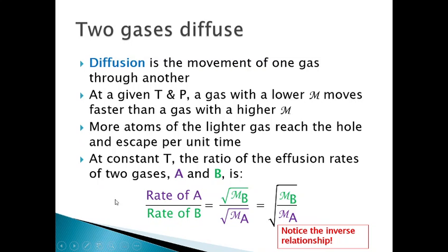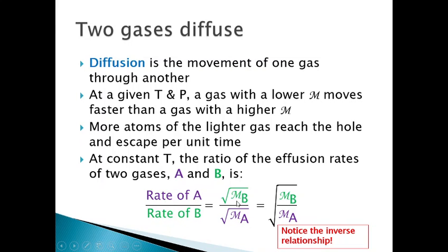By that I mean rate of A, and again, A and B, these are just arbitrary assignments. I don't care what gas A is and what B is, it more or less depends on what ratio you're looking at. And so in this case, rate A is on top, rate B is on the bottom. And so whenever you start talking about how these things are going to diffuse between one another, same idea. Inverse of the square root of the molar mass.